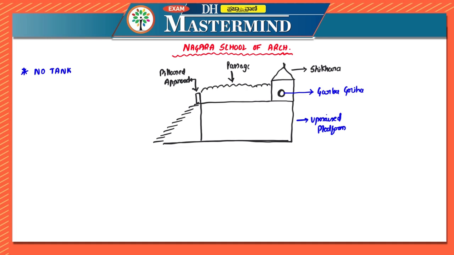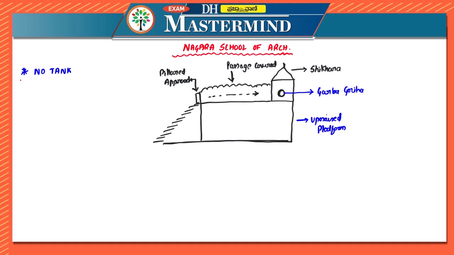This passage, which leads to the temple, is covered. And one most important point is the absence of a tank in the temple. So this kind of architecture is prominent in northern India, and it is relatively less, or you can say very less, in peninsular India.